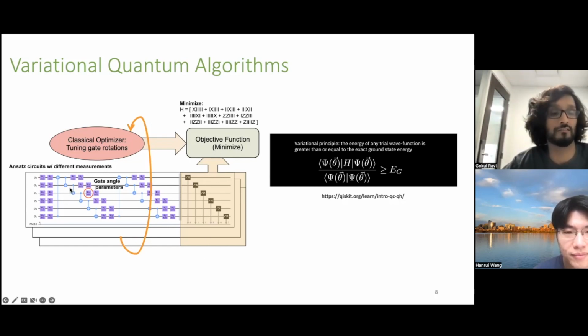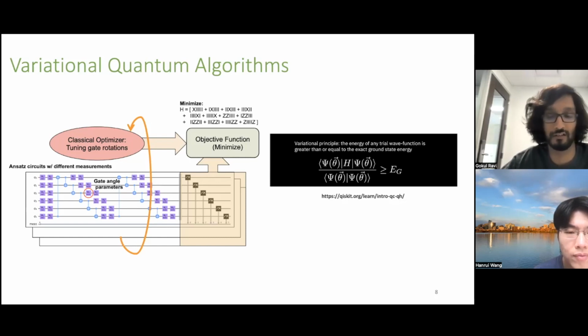The way these gates are being set is through an iterative classical optimization, which is slowly tuning these values. And the idea is that the best state that the Ansatz can produce can at best produce the least value for the objective function. That is known as the variational principle.